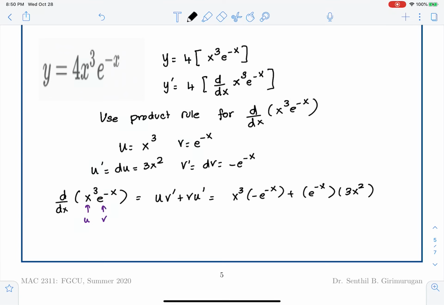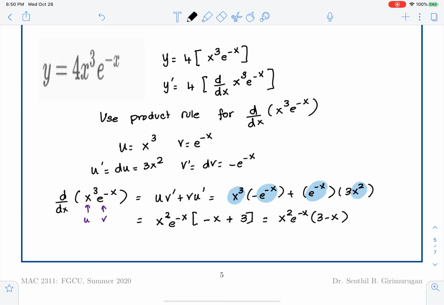So we have e raised minus x in common, and we have x squared in common. So I could pull x squared and e raised minus x out. So I'll have negative x in the first term plus 3, which is simply x squared e raised minus x multiplied by 3 minus x.